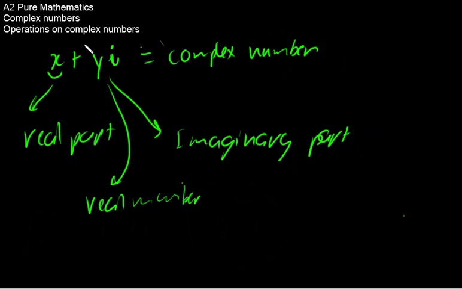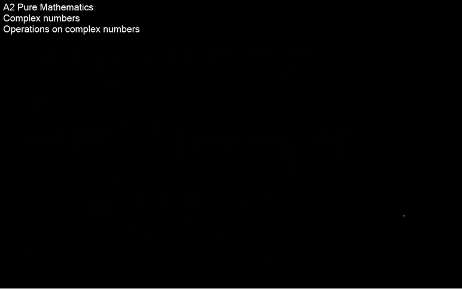So when it comes to complex numbers, it is mostly about operations on complex numbers, which means the calculations we can make: addition, subtraction, multiplication, division, and roots of complex numbers. Let's talk about those. So here we have the addition of complex numbers, which is pretty simple.